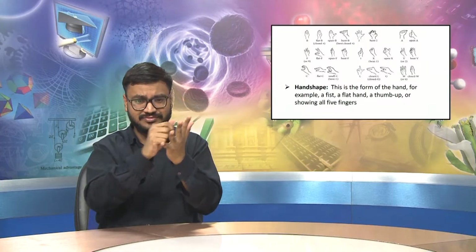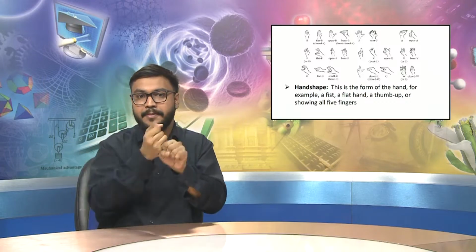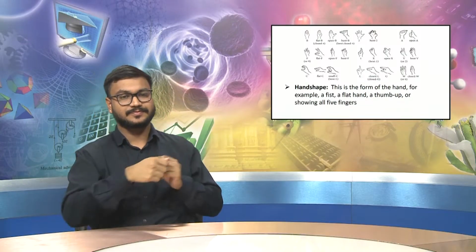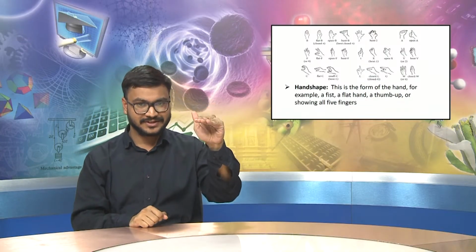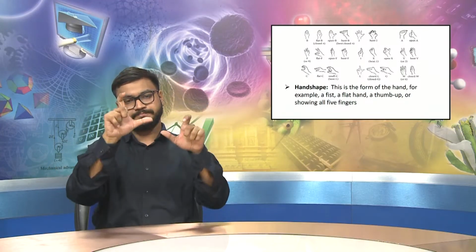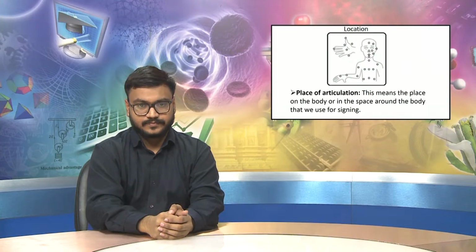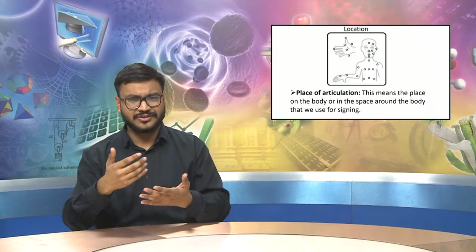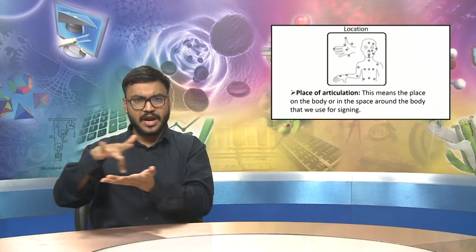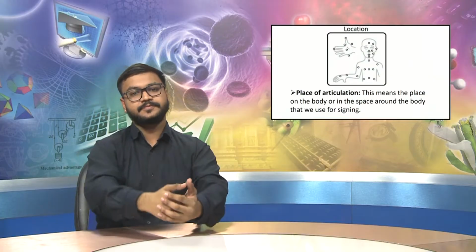First is hand shape. This is the form of the hand, as you can see in the slide. For example, a fist, a flat hand, a thumb up, or showing all 5 fingers. It's called a hand shape. Place of articulation: this means the place on the body or in the space around the body that we use for signing.